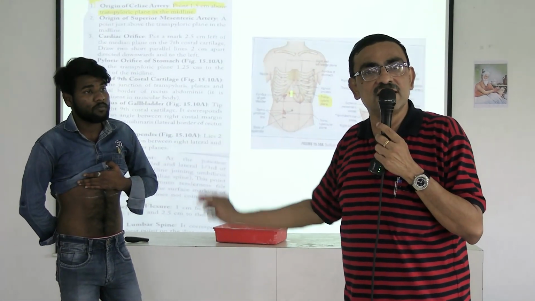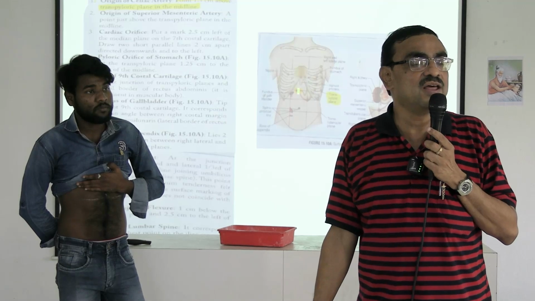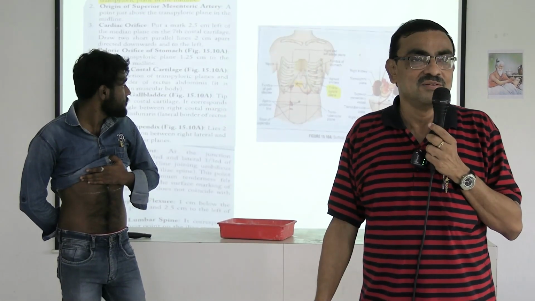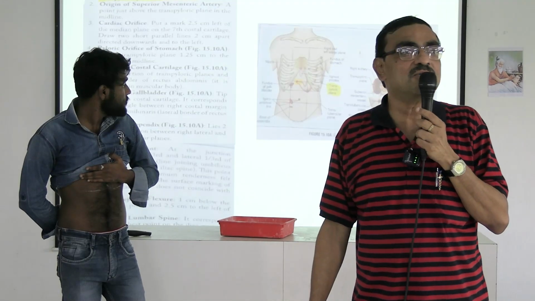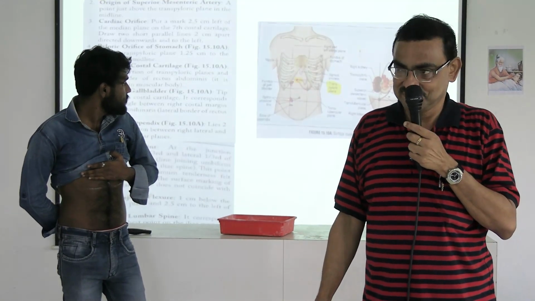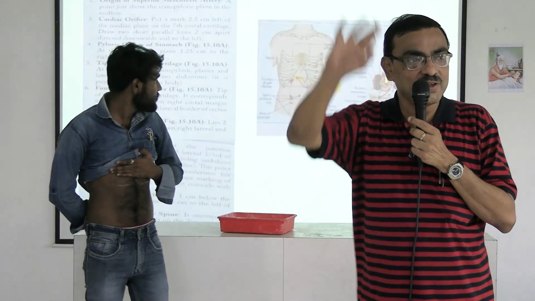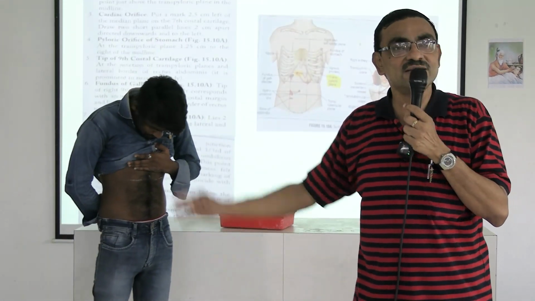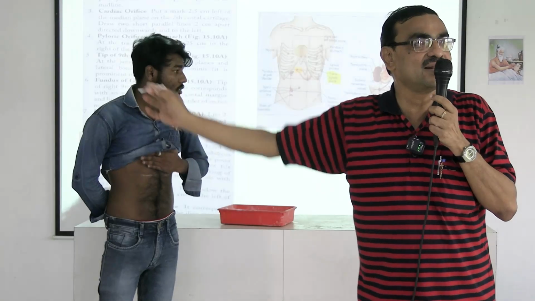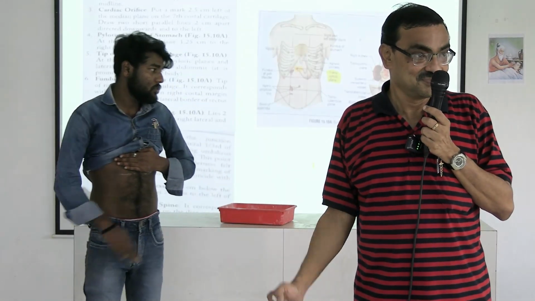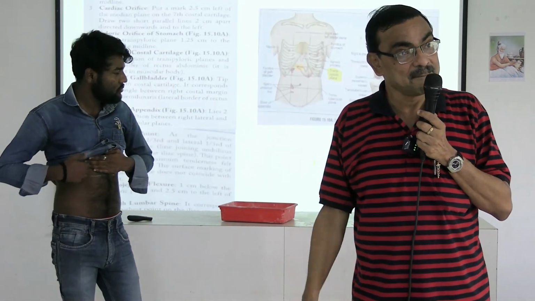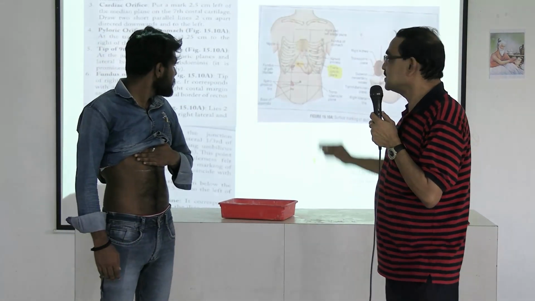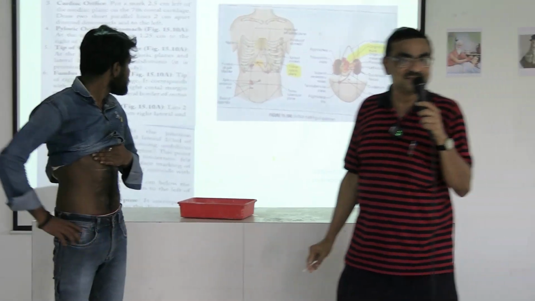When we draw this point, your examiner will ask what are the different branches of the celiac axis? I am not going into the detail. Okay. What is the level, where you will get it? You must have those ideas.